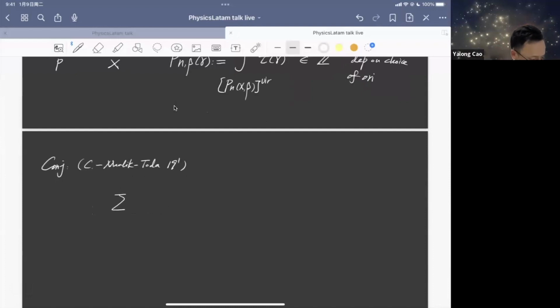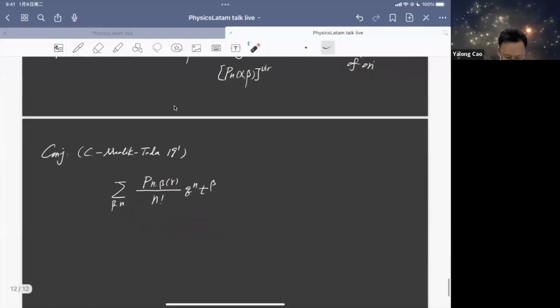So the formula is like this. The left-hand side is a generating series of these stable pair invariants. Because we have a curve class parameter and the Euler characteristic parameter, we use two formal parameters Q and T to form this generating series. And over here, for convenience, we put this normalizing factor, this n factorial.